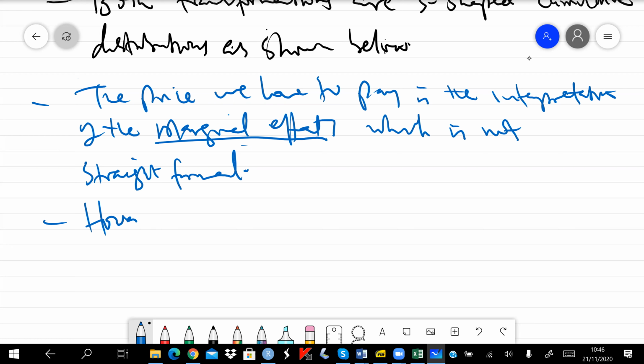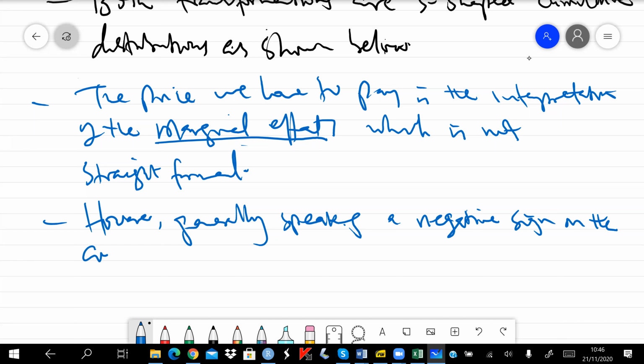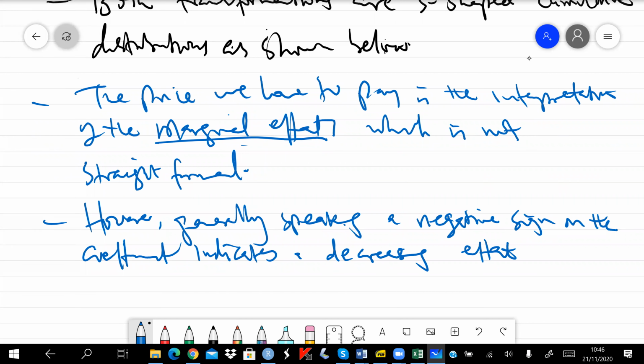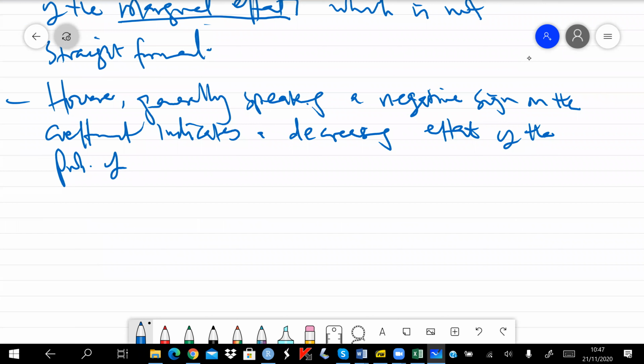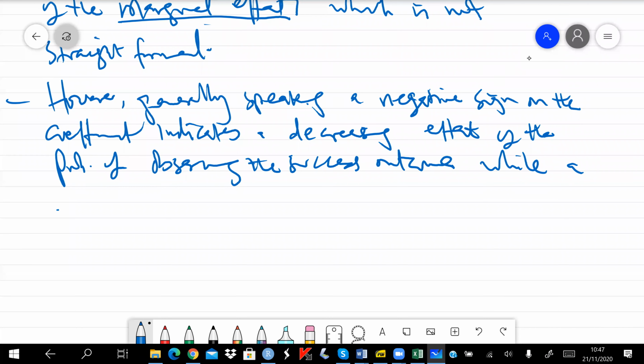However, generally speaking, a negative sign on the coefficient indicates a decreasing effect of the probability of observing the success outcome, while a positive sign indicates an increasing effect.